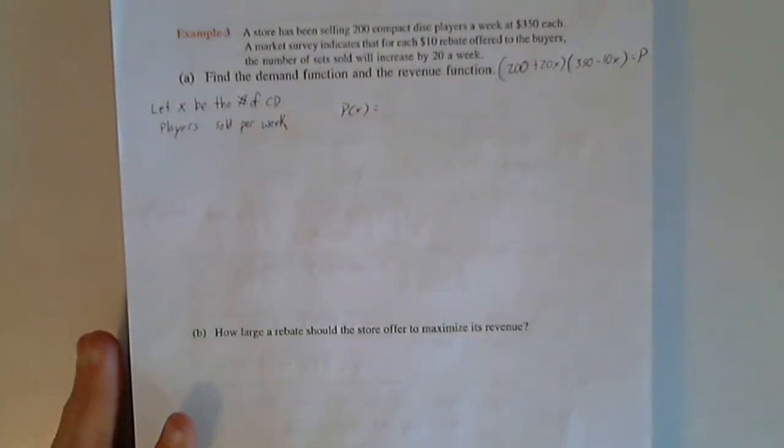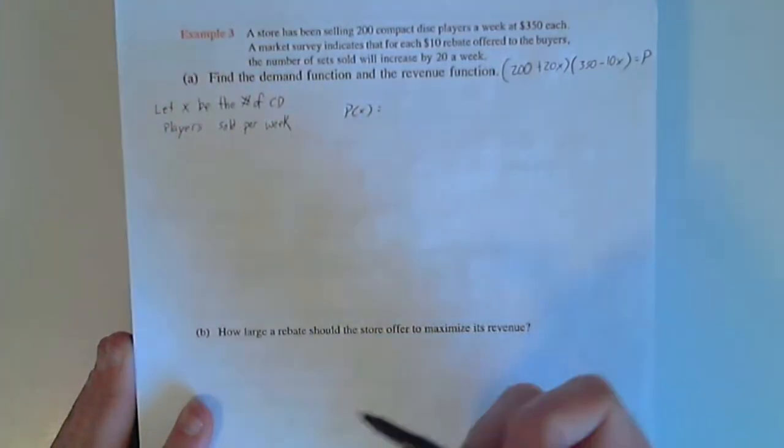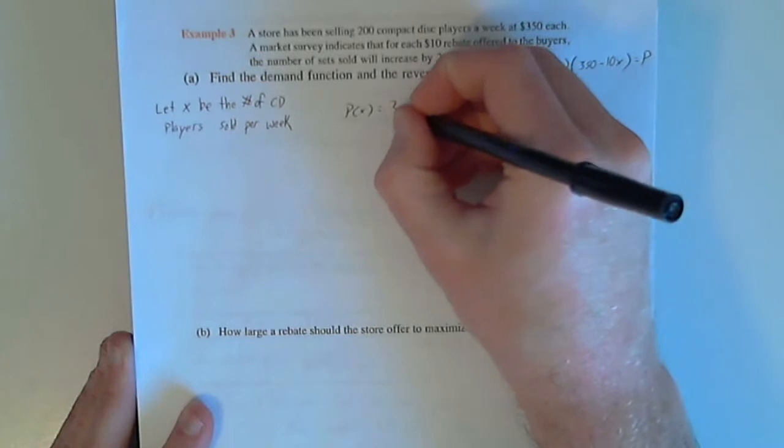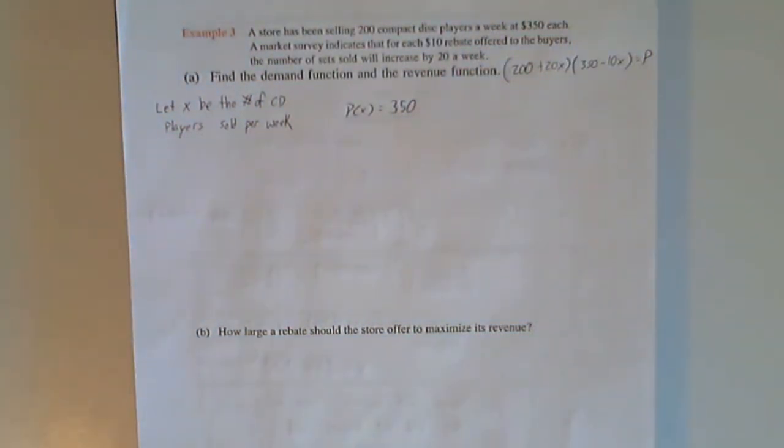So we're going to say the amount that you're selling it for. Remember, P represents how much you're actually selling it for. So it's going to start at $350. So it starts with this baseline, and then for every amount that we sell more than that, we're going to subtract. Let me make sure I read this again correctly.